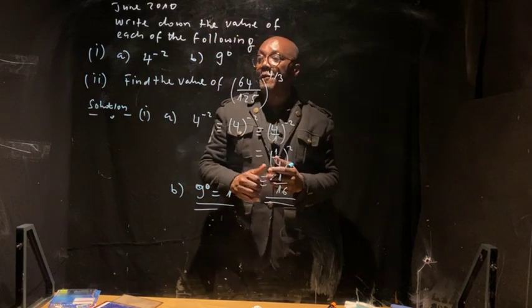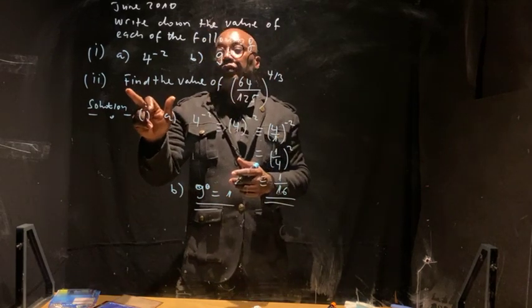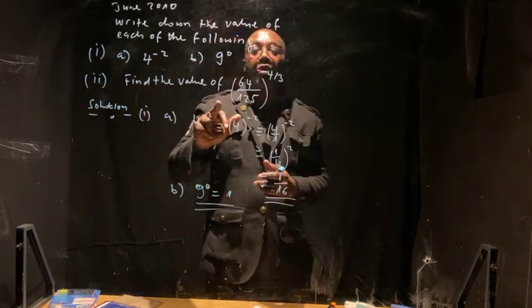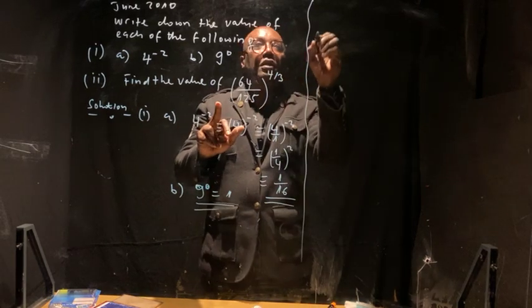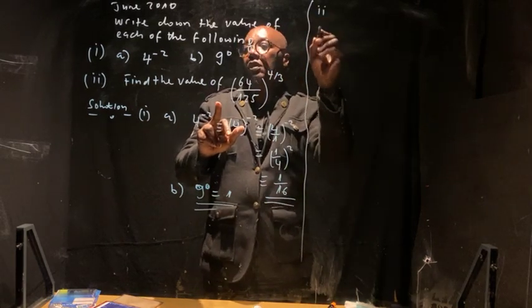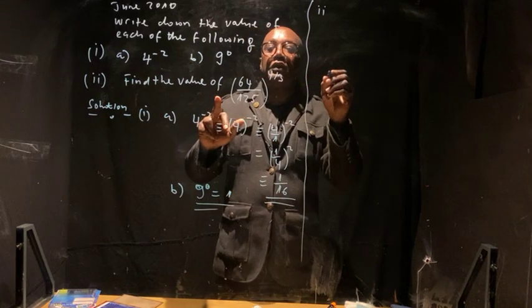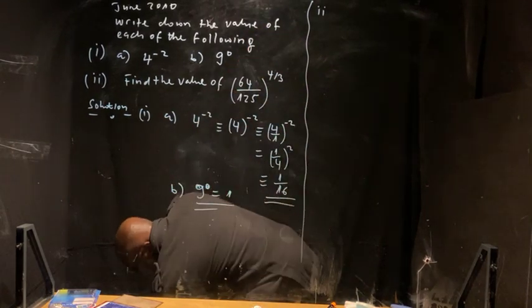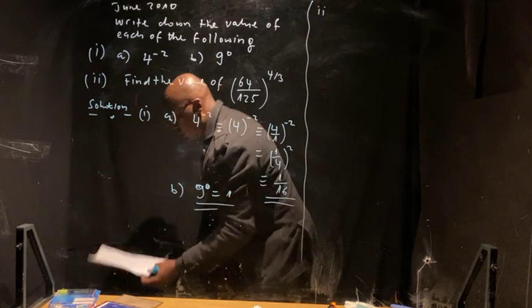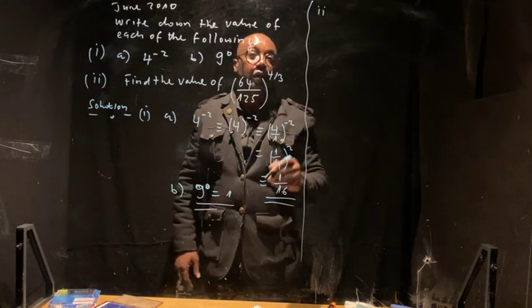Okay. Then we come to the second question, which is find the value of 64 over 125 raised to the power 4 over 3. Let me see whether the question is correct. Yeah, it's correct.